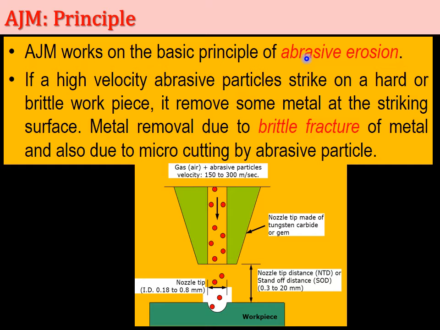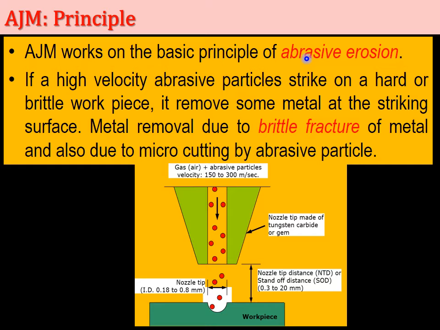In this machining process, abrasive micro or tiny particles are removed in the machine. When these abrasive particles remove the material, they don't have any geometry. So the main principle is that we first break or crack the material, which is called brittle fracture of the materials.